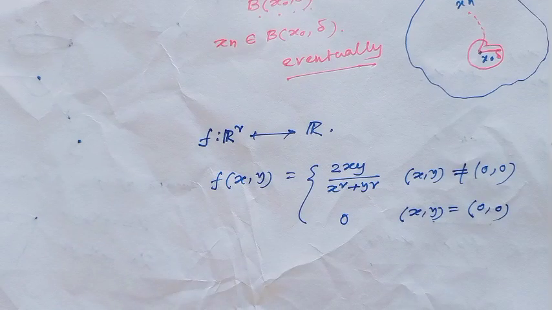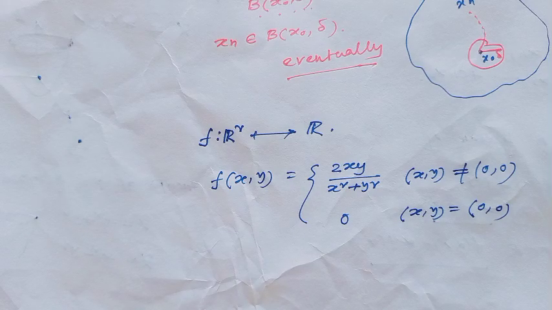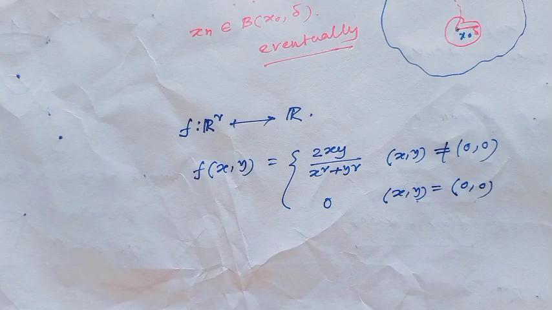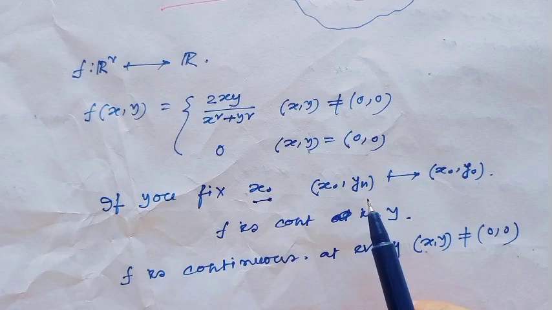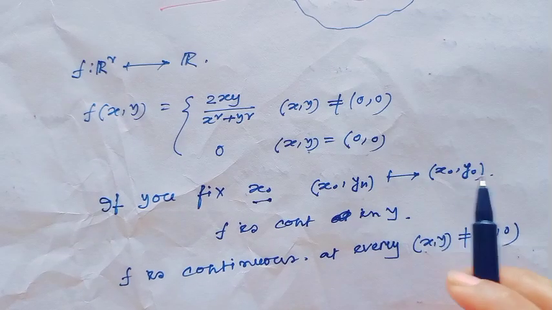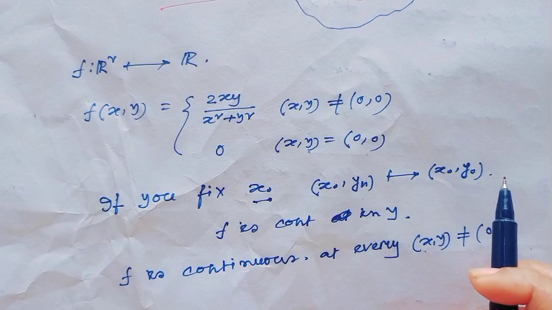Now I will see one example. The function is defined from R2 to R, and the function is of this type: f(x, y) equal to 2xy over x square plus y square when (x, y) is not equal to (0, 0), and 0 when (x, y) equal to (0, 0). Is this function continuous? If you fix x naught, then (x naught, yn) always converges to (x naught, y naught).